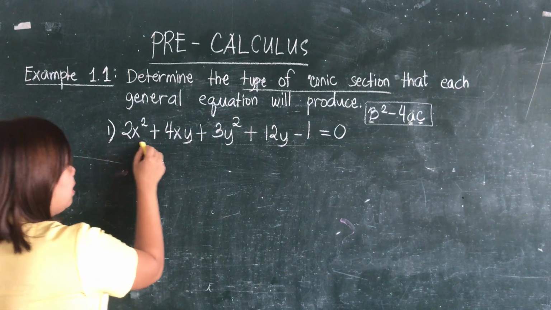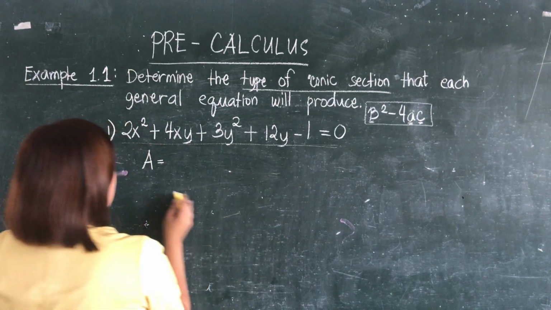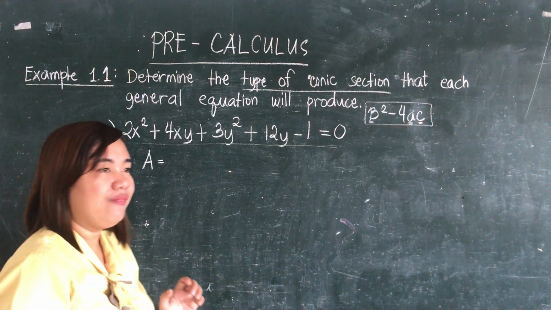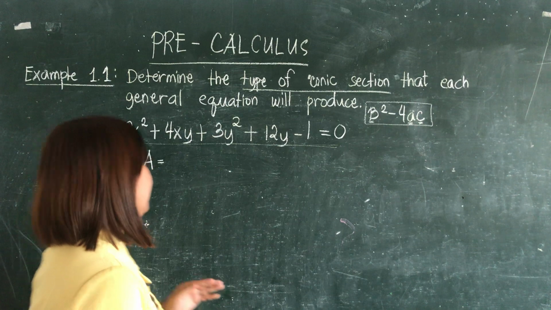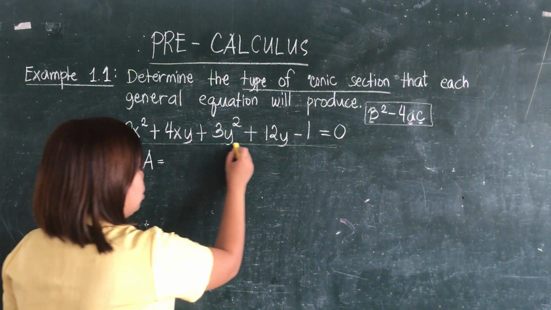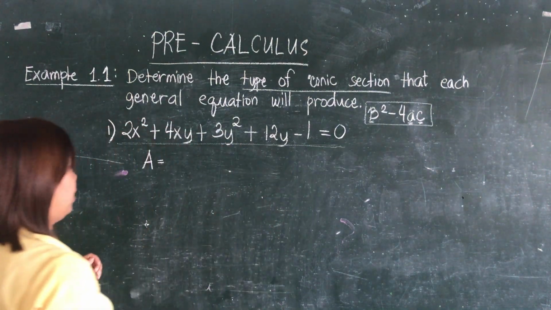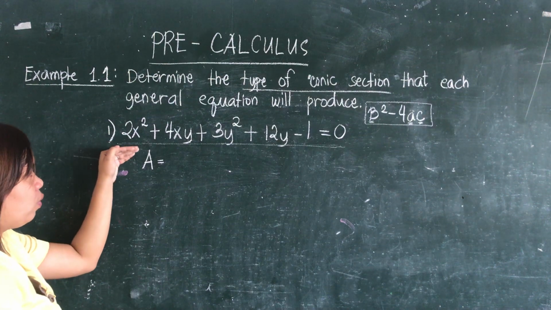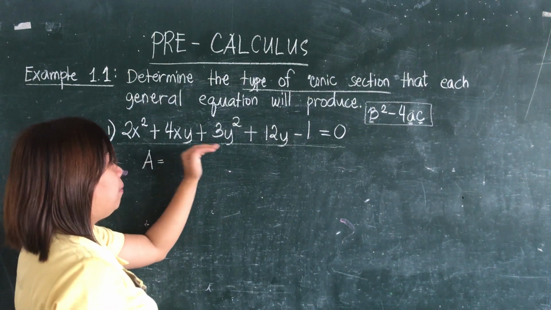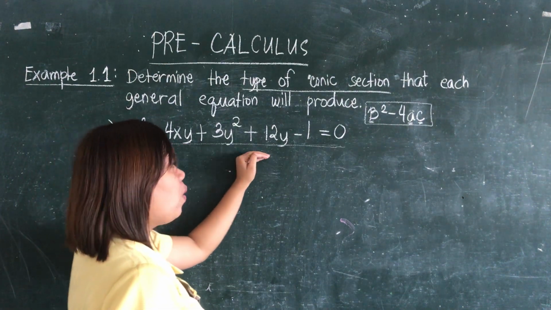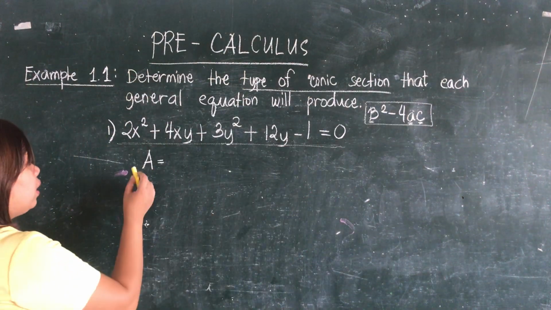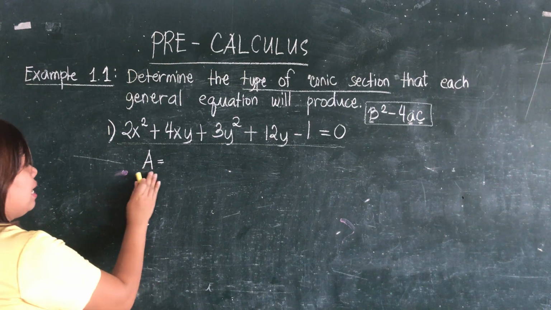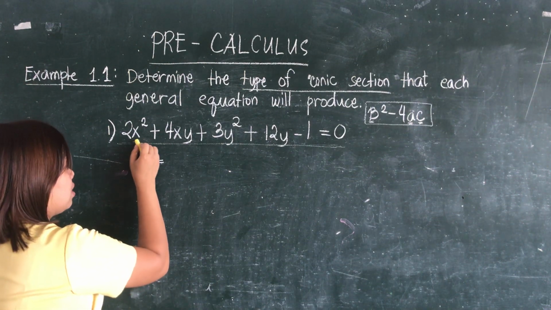So looking at this given equation, yung a natin, as what I have said, is the coefficient of x squared. Let us look at the equation. Saan ba dyan si x squared? So we have here 2x squared plus 4xy plus 3y squared plus 12y minus 1 equals 0. Therefore, the coefficient of a is yung coefficient ng x squared.